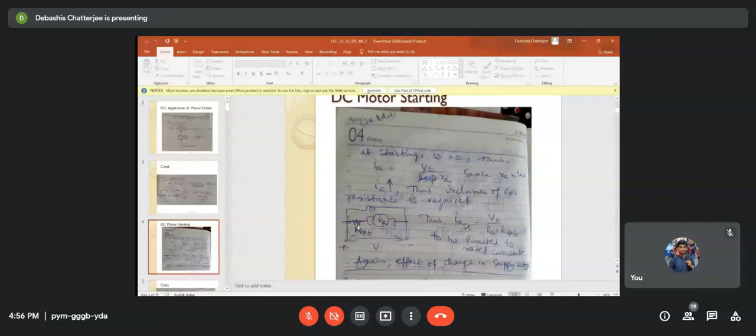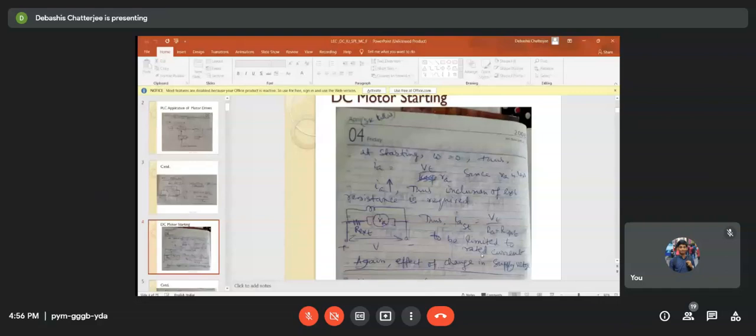So therefore, the only option is to have some external resistance in series with the armature, so as to limit the starting current to a desirable value. Maybe you want the starting current to be, say, 150% of full load current, because this does not remain for too much time. The speed is 0, the current is 150%. As the speed increases, naturally your current will get reduced.